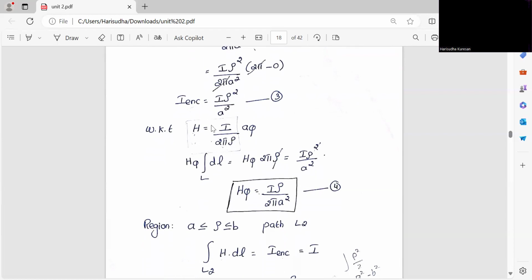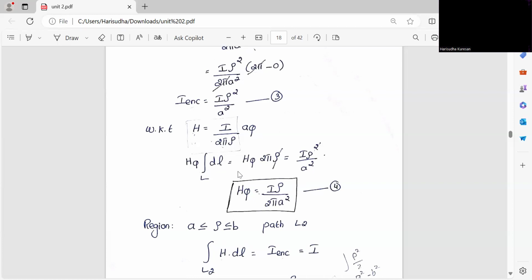If you rearrange, I is equal to H into 2 pi rho. This is also enclosed current. We have another equation for enclosed current, I rho square by a square. All these are enclosed current, so I am just equating them.